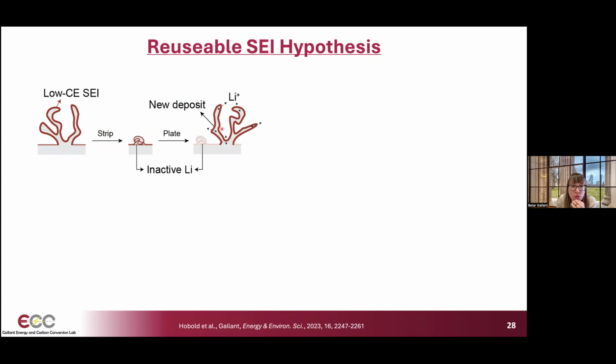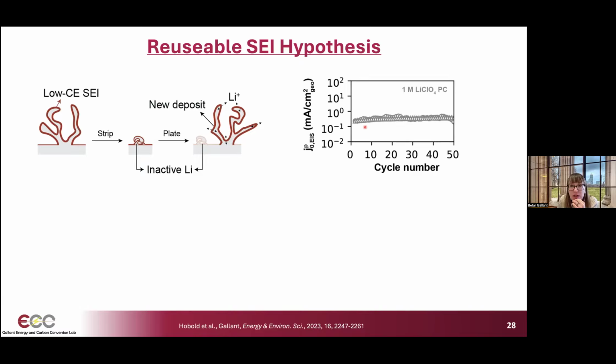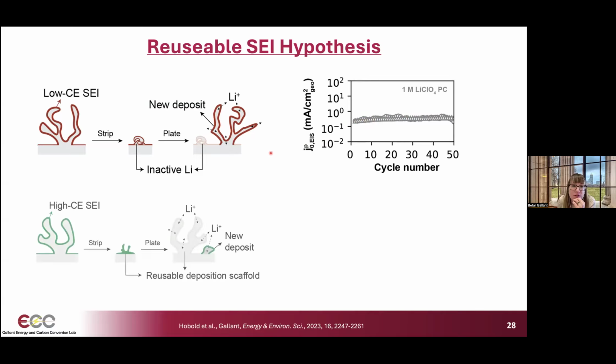So you have to essentially reform the deposit anew, and this would explain why you have to form more surface area or would have a lower Coulombic efficiency. And because you're effectively doing this reformation process again and again, can also help us understand why you would see a pretty flat J0 value over cycling.